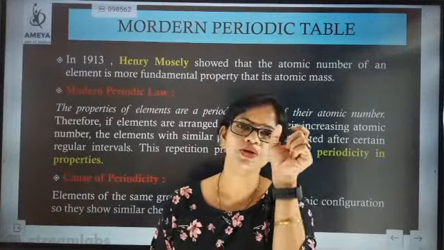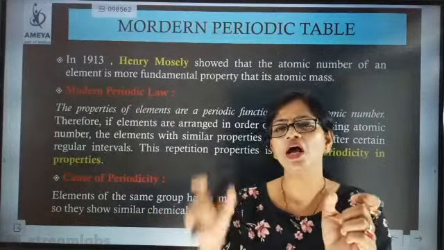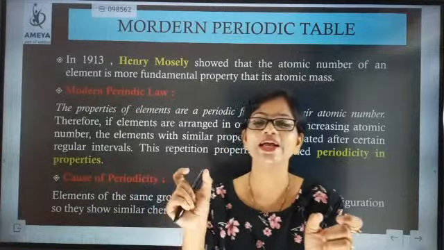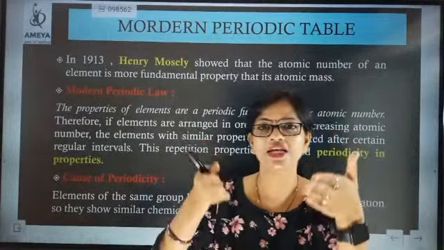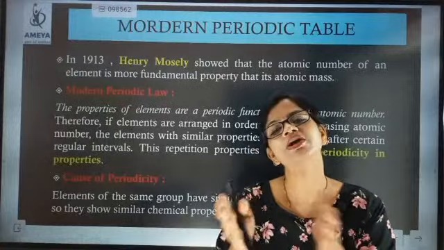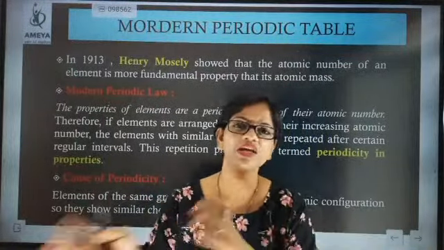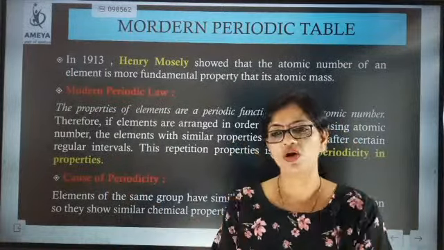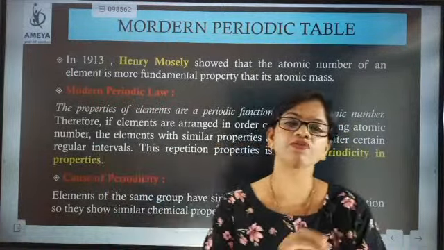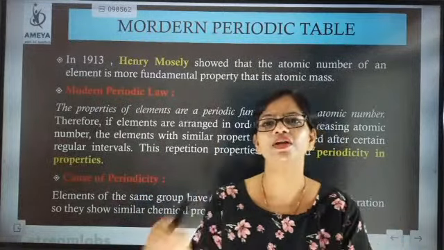When two elements have atomic masses, say one is 20 and another is 28.8, between 20 and 28.8 there is a space for another element to be discovered. So when making a periodic table, you can never be confident that in future no other element will take an atomic mass between 20 and 28.